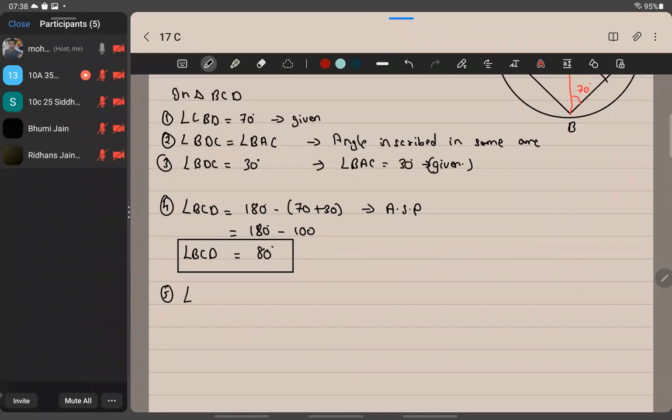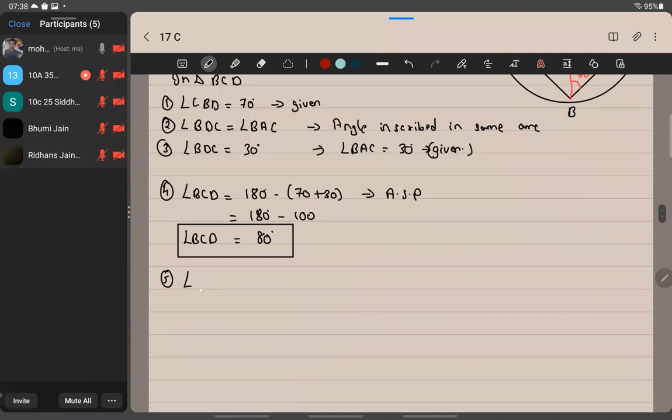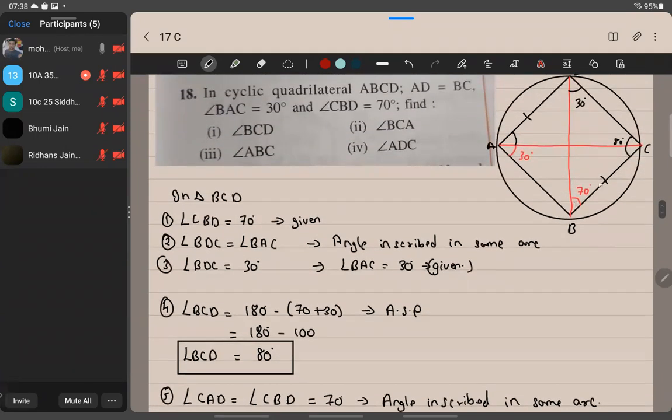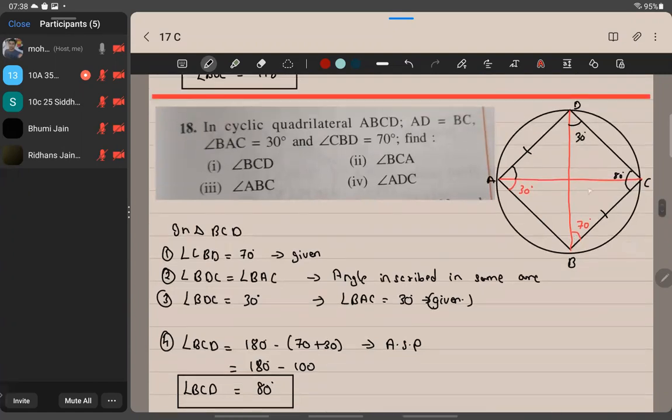Fifth point, angle CAD is equal to angle CBD, equal to 70 degree. Angles inscribed in the same arc are equal. See in your figure. This is 70. CBD is 70. Already given that CAB is also 70. This is also 70 then.